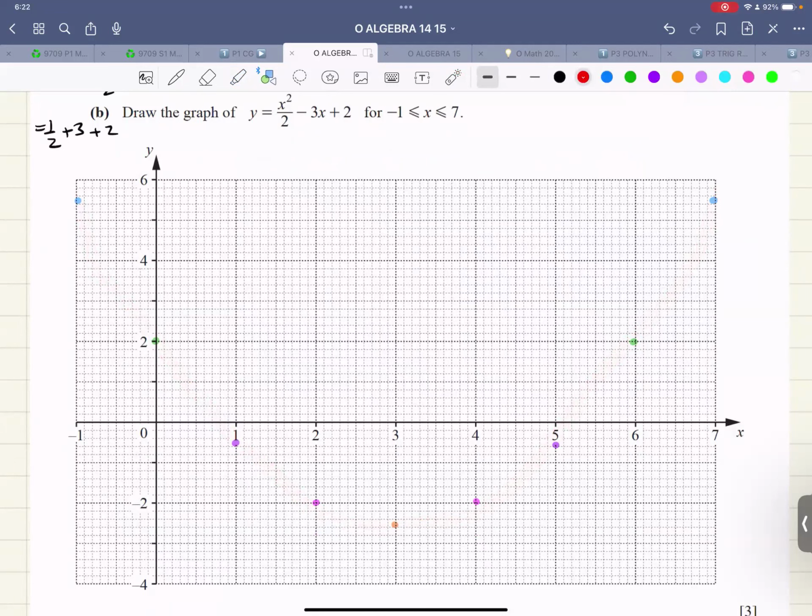So let me choose this pinkish color, and let me just show the graph like this. Okay, let me just make it a little bit thinner.